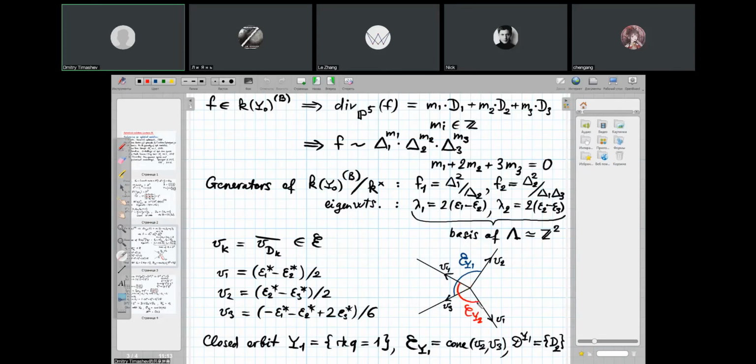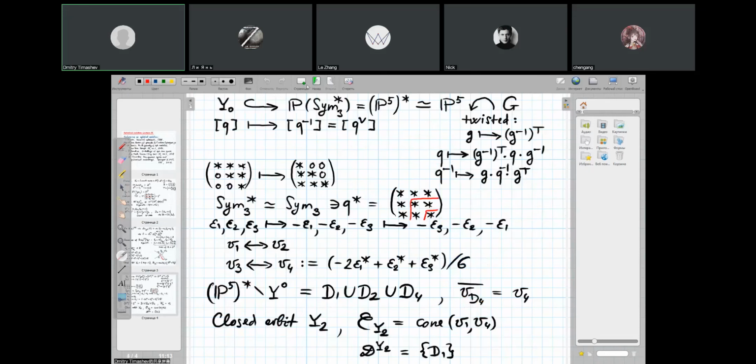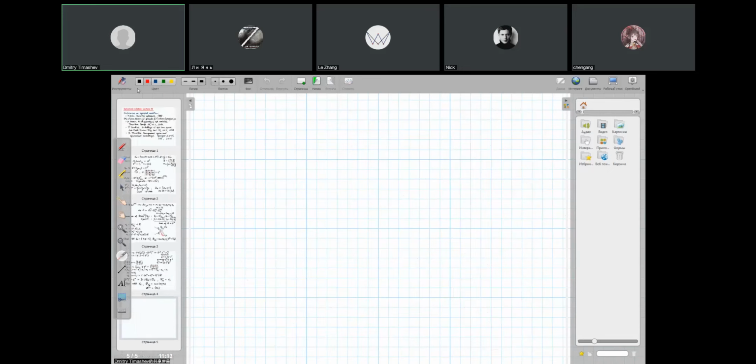So we get the cone for the other compactification. It is this one. Now let me finish by saying that having these two colored cones, we also know that both of these varieties are complete.